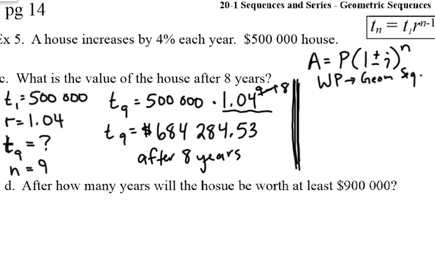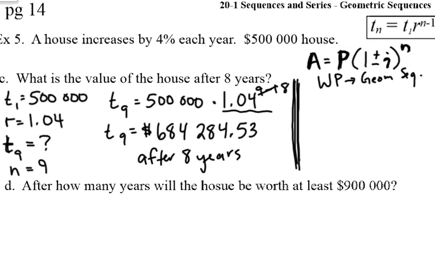Word problems. The A stands for the accrued amount, the total amount at the end. P is the principal, your starting amount. I is the interest, and in this case, N is after your time frame.